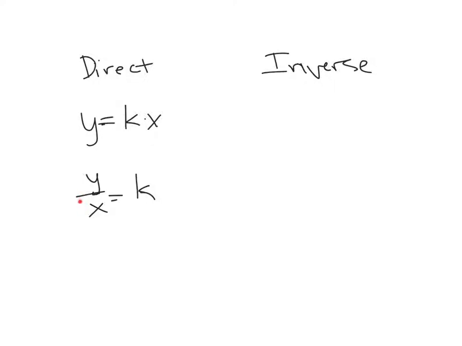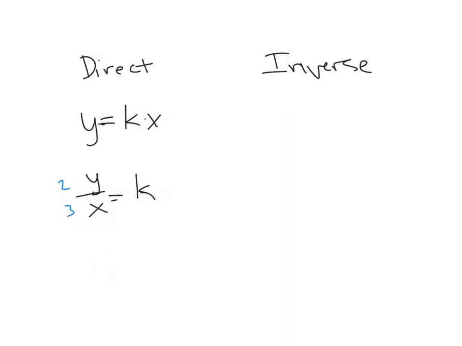If we had 2 over 3, y is 2, and x is 3, just to put some numbers in there, then if y doubles, if y increases to 4, then 3 is going to have to not increase by 2, but increase by a factor of 2 to 6 in order to be equal to, again, the same constant here. Okay? As we look at a graph, that would be as x increases, y increases, sort of a positive correlation.